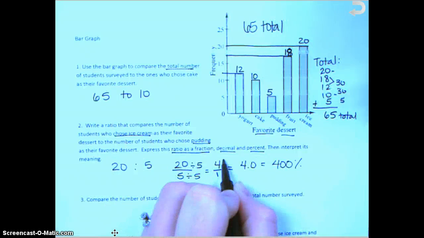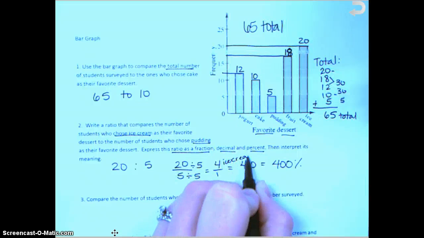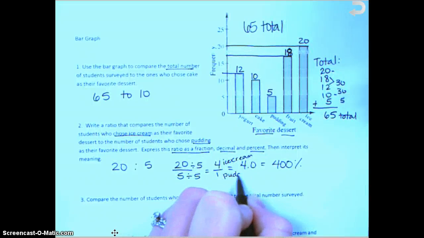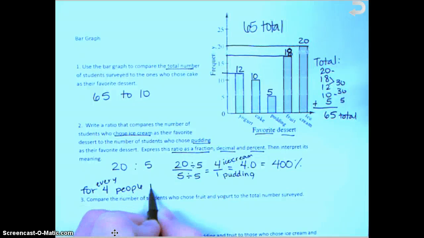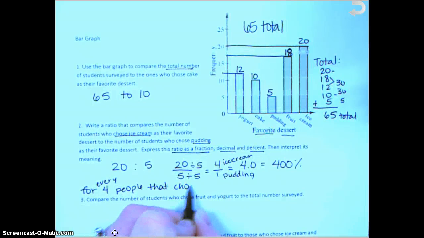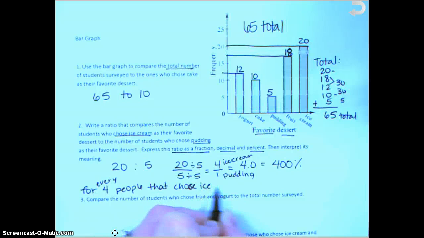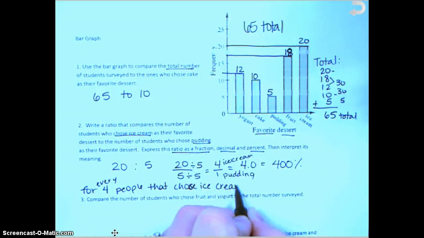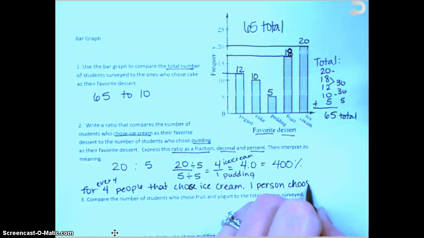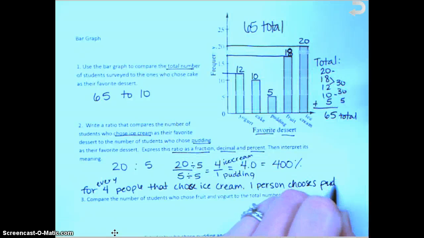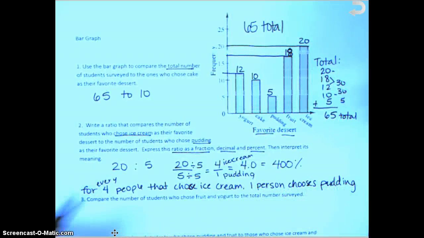The 4 was ice cream, and the 1 was pudding. So basically, for every 4 people that chose ice cream, 1 person is going to choose pudding. Or for every 20 people that choose ice cream, 5 people choose pudding.